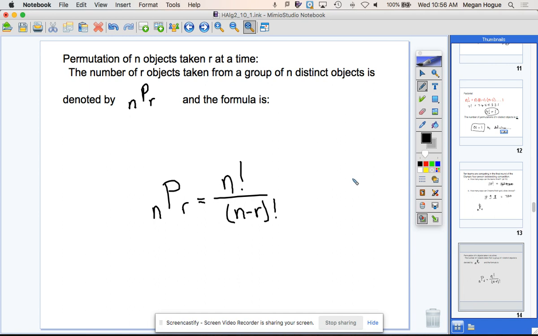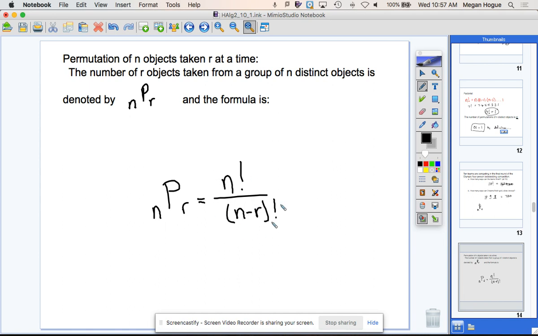The permutation of n objects taken r at a time: the number of permutations of r objects taken from a group of n distinct objects is denoted by nPr, and the formula is nPr equals n factorial over (n minus r) factorial.